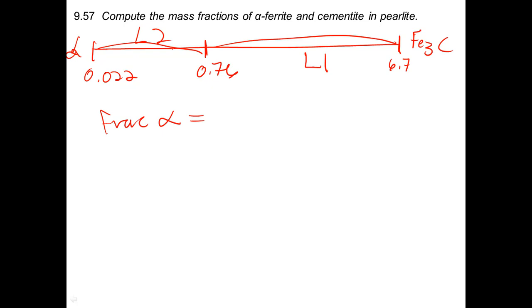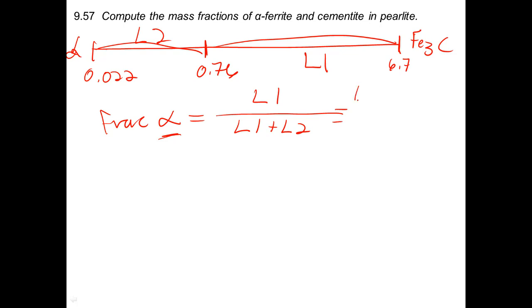And remember that when we use the lever law, the numerator is the length of the opposite side of interest. So we're interested in calculating the fraction of ferrite in perlite. So that will be L1 divided by the total tie line length, L1 plus L2.